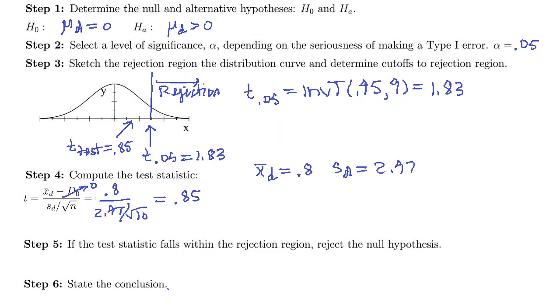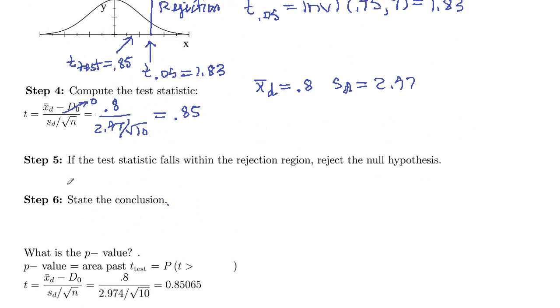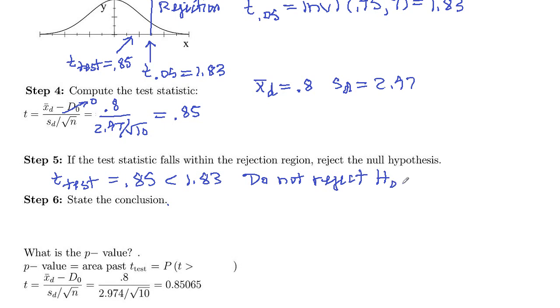And we see that's not in the rejection region here. So t-test is 0.85, which is less than 1.83, and so we do not reject. So that's step 5. Step 6, state our conclusion.